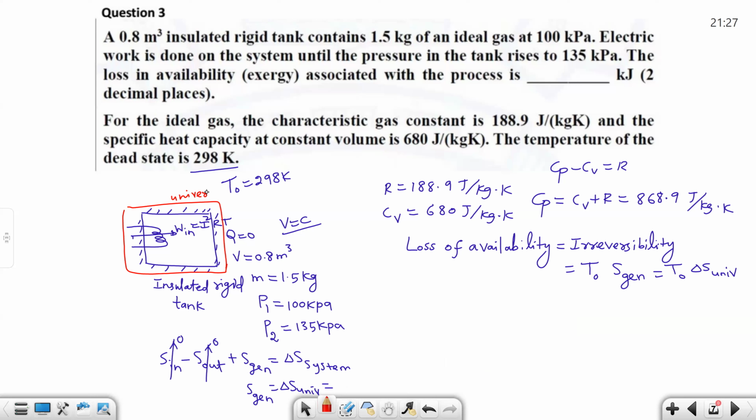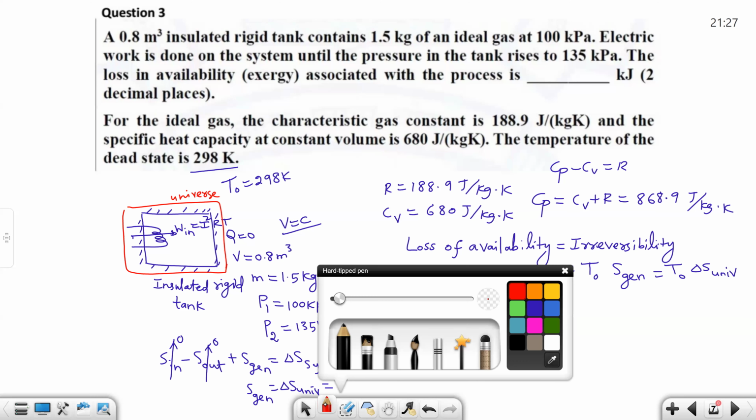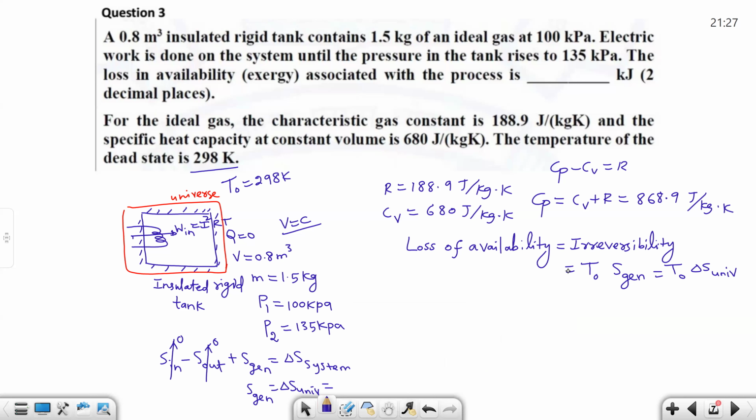So that is the change in entropy of the universe. So entropy generation equals the entropy change of the system, which is S2 minus S1. Now we need to find out the entropy change of the system.